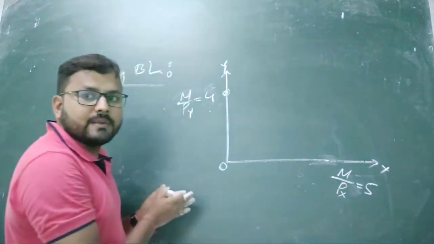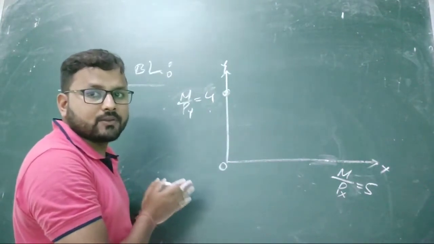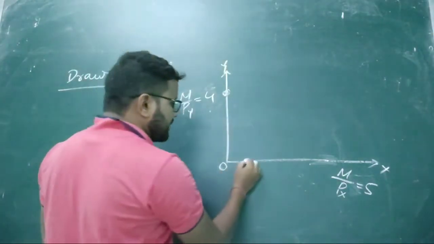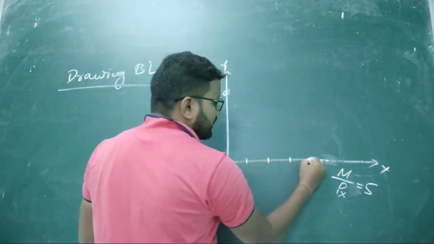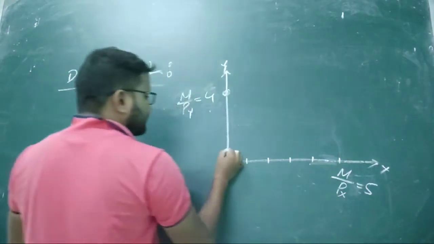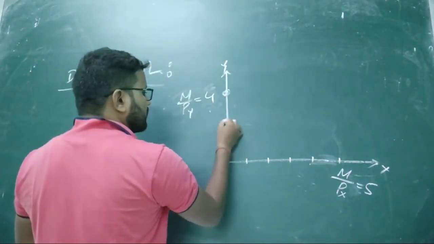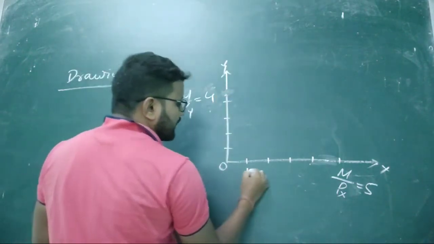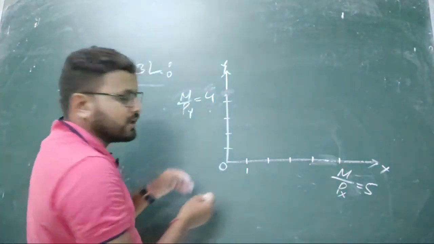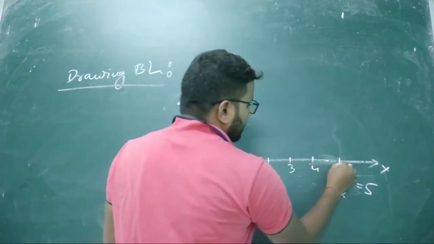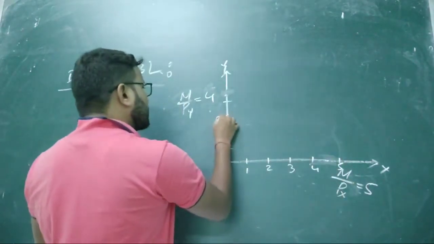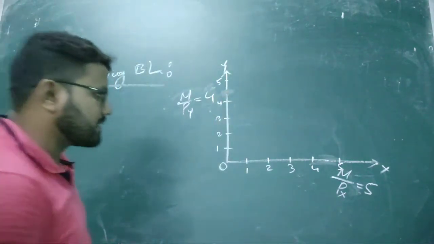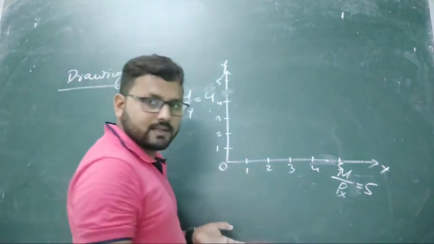So the scale measurement should be equal for the x-axis and the y-axis: 1, 2, 3, 4, 5. So what is the value of m by px on the OX axis?